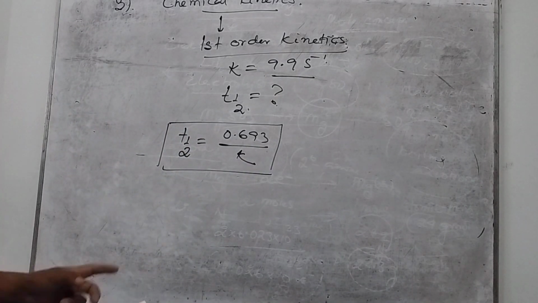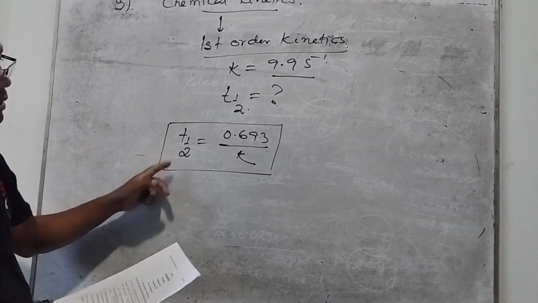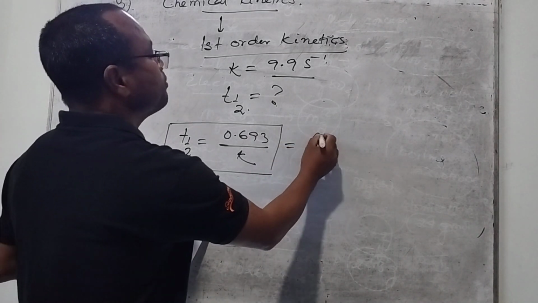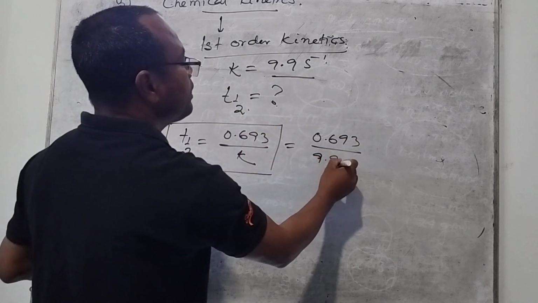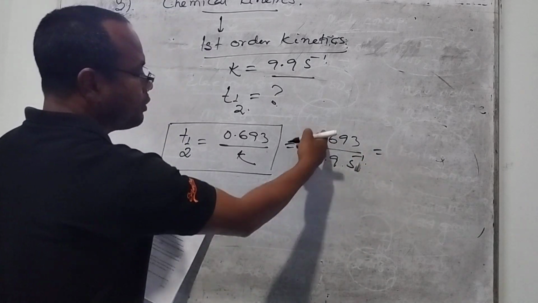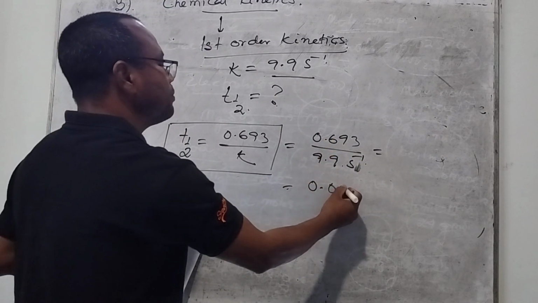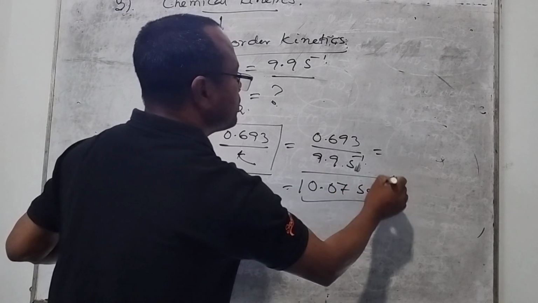Now the k value is given, so we are going to find the half-life period. 0.693 divided by 9.9 per second. When you divide this, I think you will find 0.07 second. This is the answer of the third question.